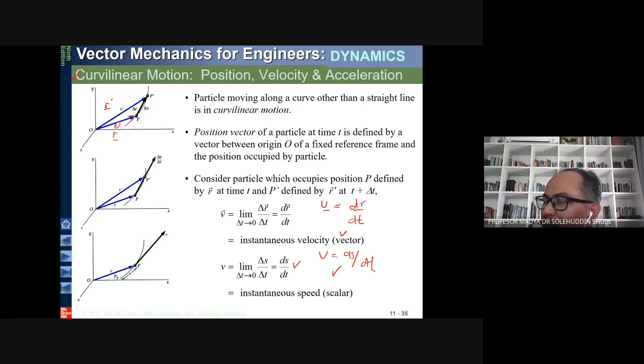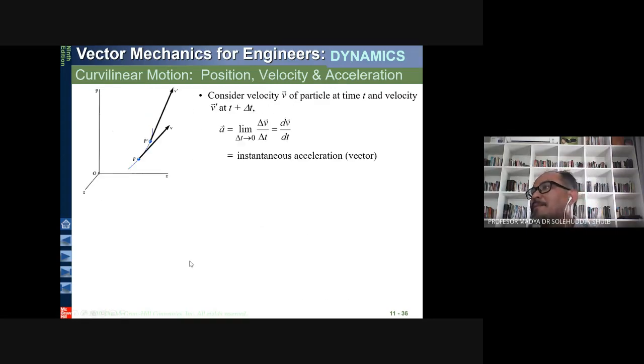One vector, one scalar. This is another figure. The third one, we have S and then V: instantaneous speed and instantaneous velocity.